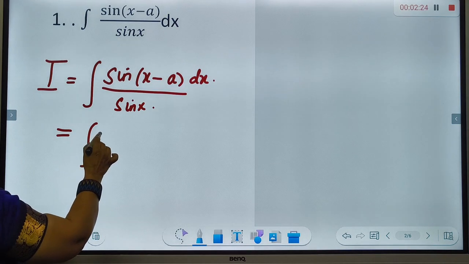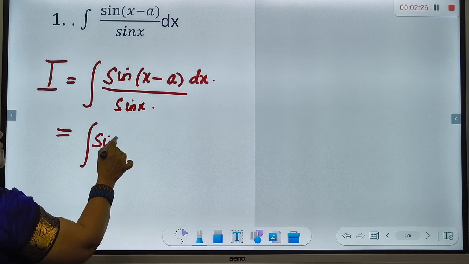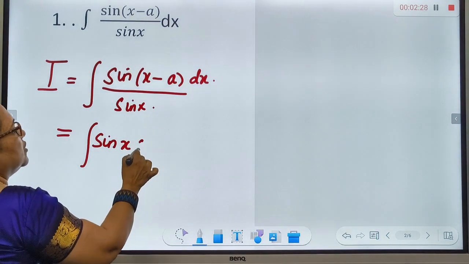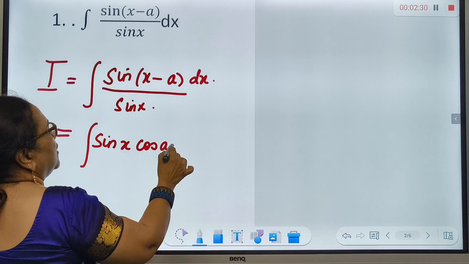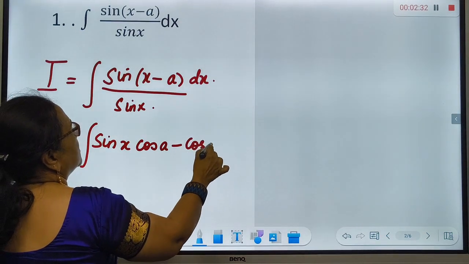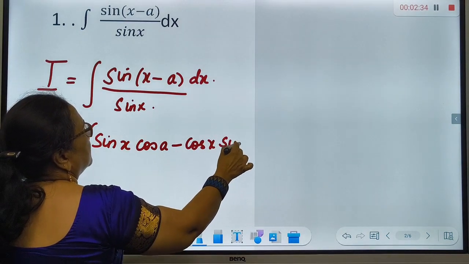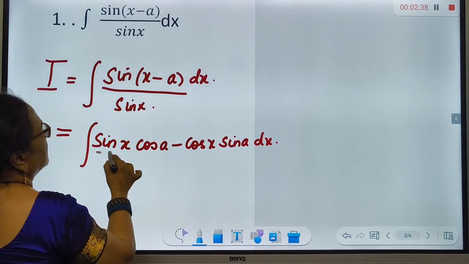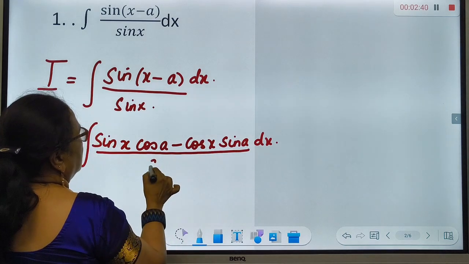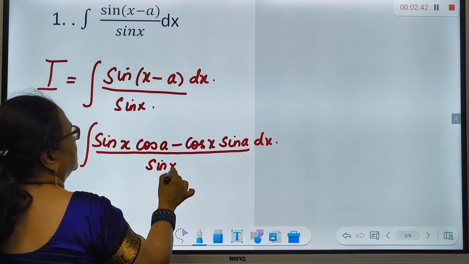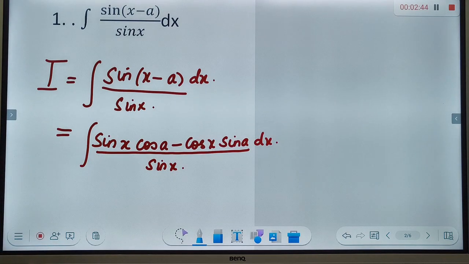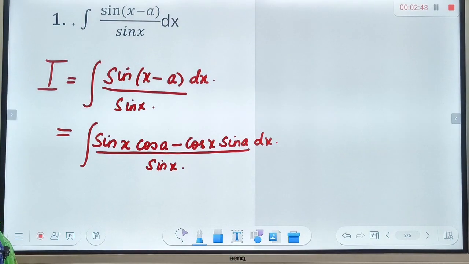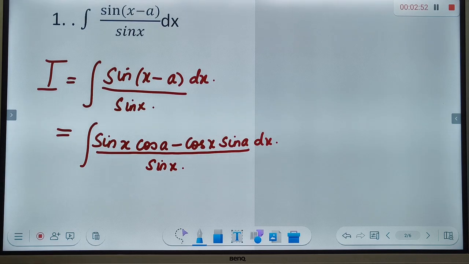So I can write this as sine x cos a minus cos x sine a, by sine x. So the numerator I have written as sine x cos a minus cos x sine a dx by sine x.